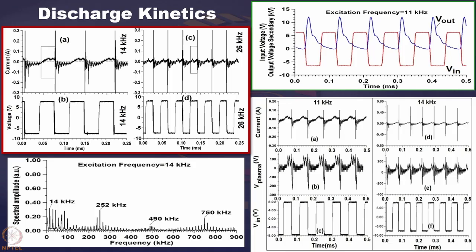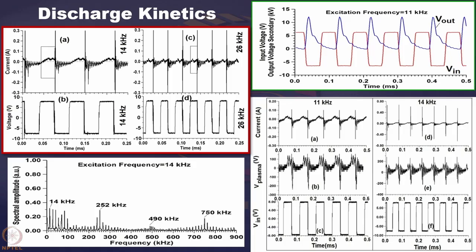Now these are the output voltages that you are getting here. The range that you are seeing is of the kV order, around say 12.5 kV. At different excitation frequencies, you can control the frequency of these pulses. It may be say 10 kilohertz, or 15 or 20.